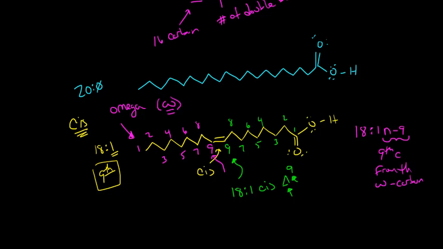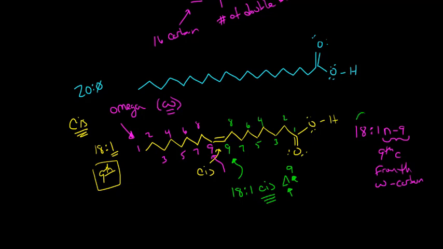The big difference between the two naming conventions is that for the chemical convention, we start numbering from the carboxylic acid. For the biological convention, we always number from the omega terminus. That's a big deal. Don't forget that. The other big difference is that for the chemical naming, we have to very specifically state the double bond is cis.